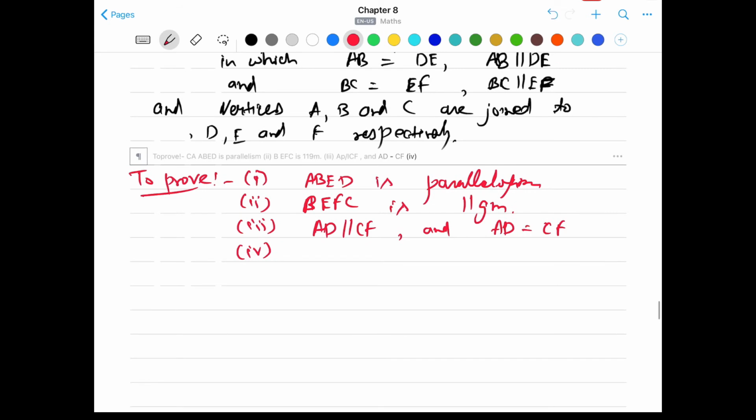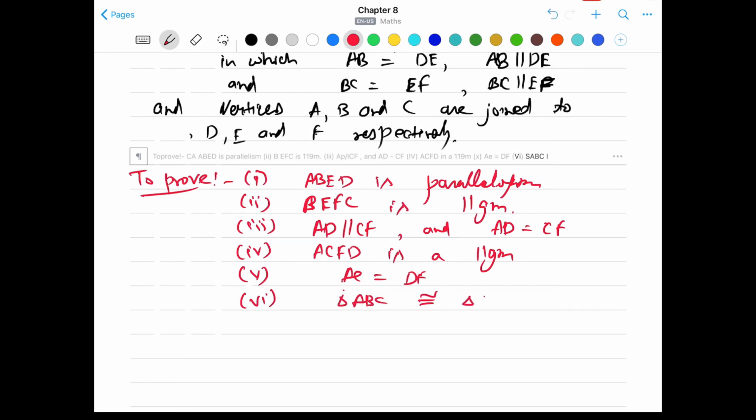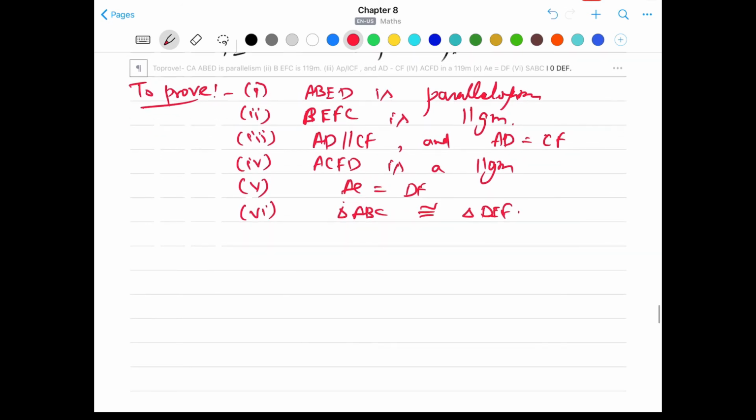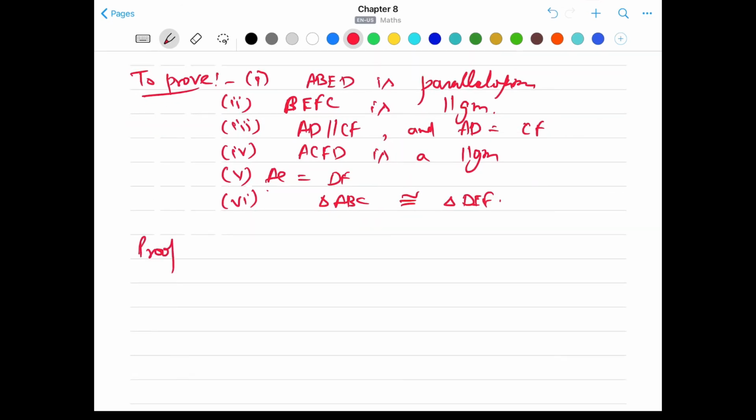Then part 4, that ACFD is a parallelogram. In part 5 we have to prove that AC is equal to DF, and lastly we have to prove that triangle ABC is congruent to triangle DEF. Okay, so let's start the proof of each one by one.